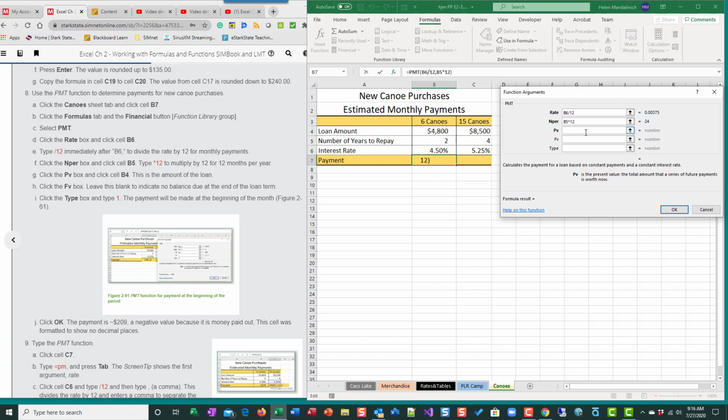Now, your instructions don't have you do this, but I always do put a minus in front, and I'll show you the difference. So present value is the life of the loan. Do you notice here when I put the minus sign in front of it, I get the result as a positive number. And really, you want your answer to be a positive in case you're going to use that in other formulas.